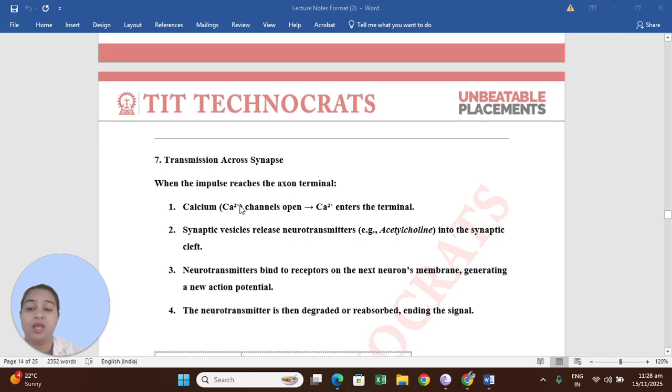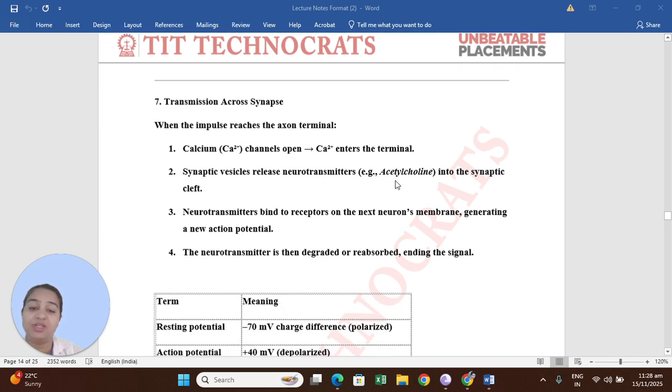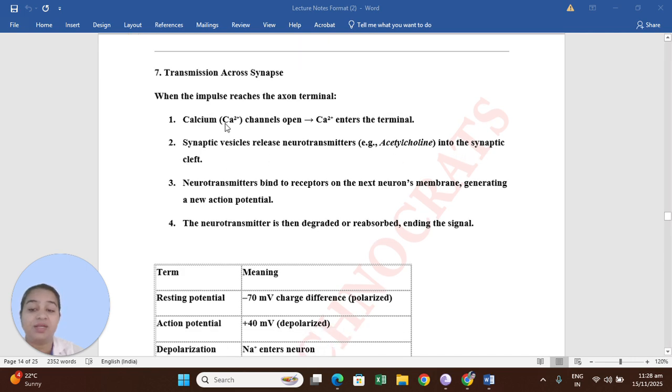Transmission across the synapse. When the impulse reaches the axon terminal, calcium channels open, calcium enters the terminal, and synaptic vesicles release the neurotransmitter acetylcholine into the synaptic cleft. So here we understand how the signal or impulse reaches the axon terminal, and what processes happen there.